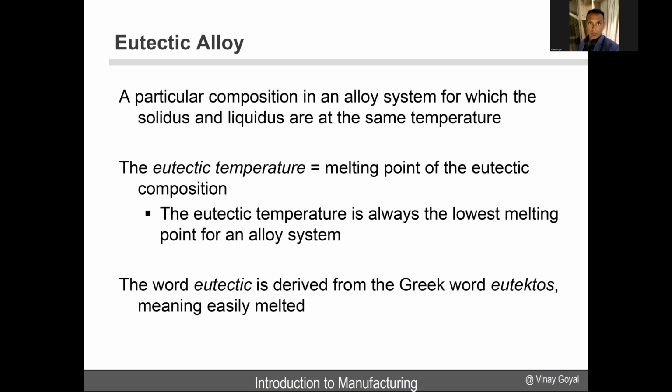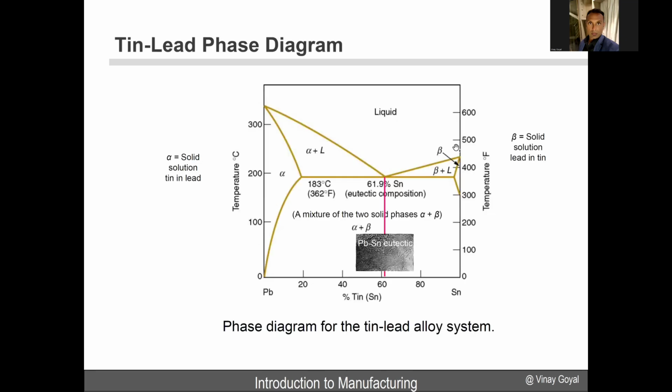The eutectic temperature is the melting point of the eutectic composition, and it is always the lowest melting point for any alloy. You can see here that this point is the lowest temperature at which melting can occur, because at any other point you're going to be going along these lines here.